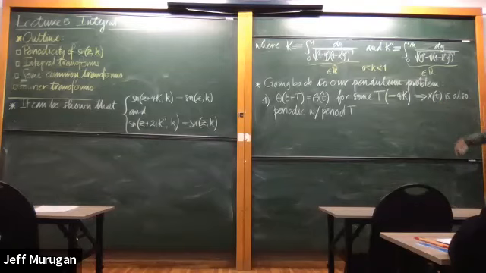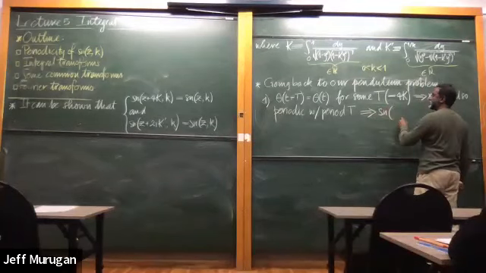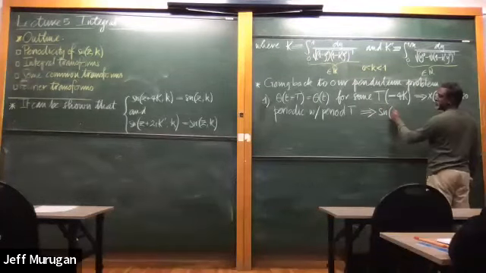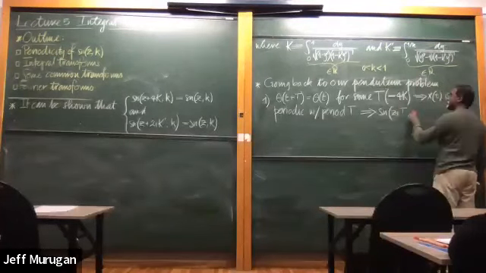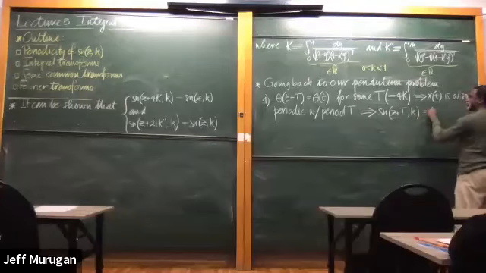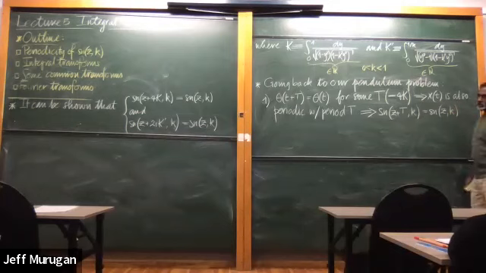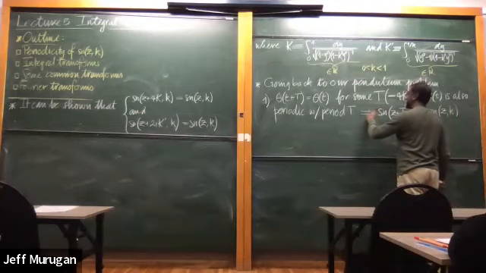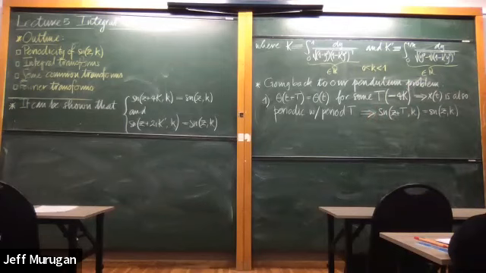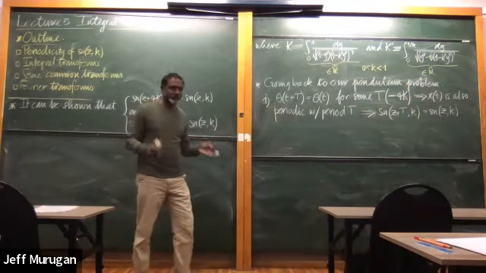It means that Sn of z plus 4K is equal to Sn of z. So this much is clear because I know that the angular variable that defines the pendulum is a periodic variable. So this was an obvious statement.